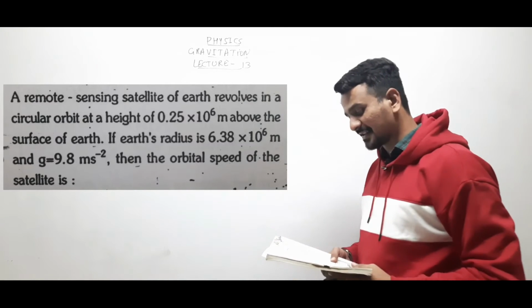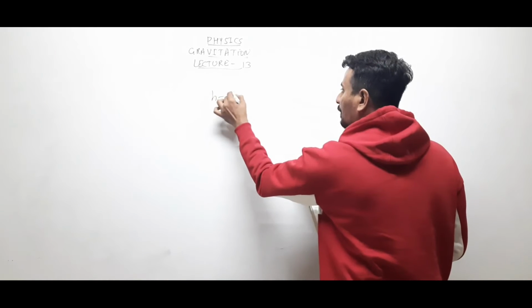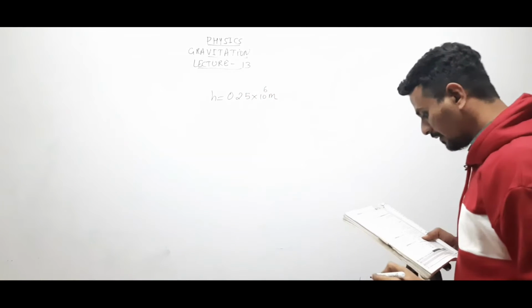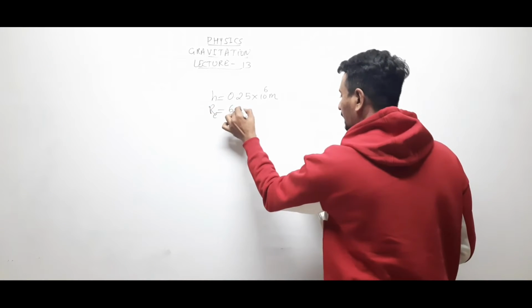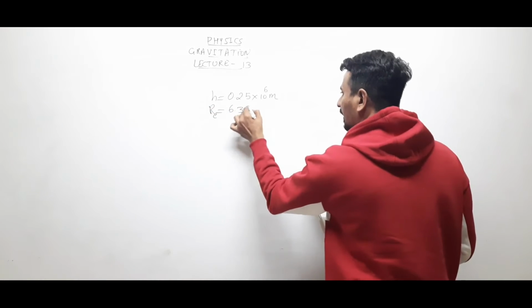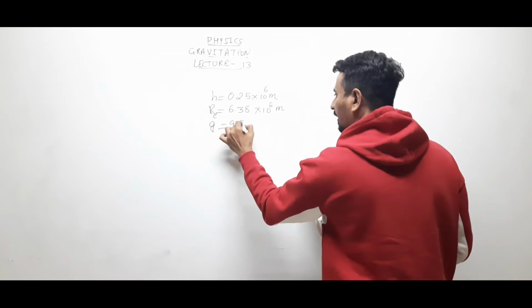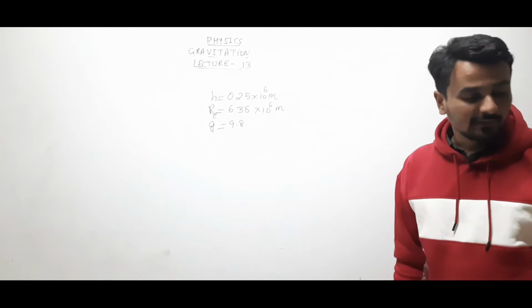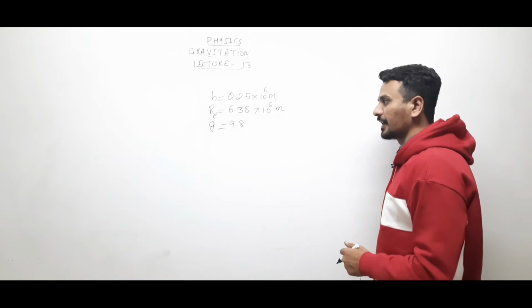If the radius of earth is 6.38 into 10 raised to 6 meter and g is 9.8 on the surface of the earth, you have to find the orbital speed of the satellite. This was again a question asked in NEET.